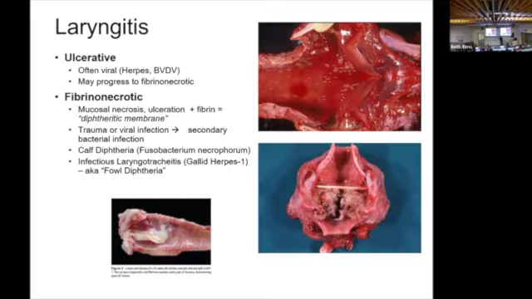You've got almost a membrane here formed of fibrin and dead stuff. You could literally peel this off the tissue in a chunk and see the ulcer underneath. I know, gross, but so good. So this is a fibrinonecrotic membrane or a diphtheritic membrane. GI does this all the time.